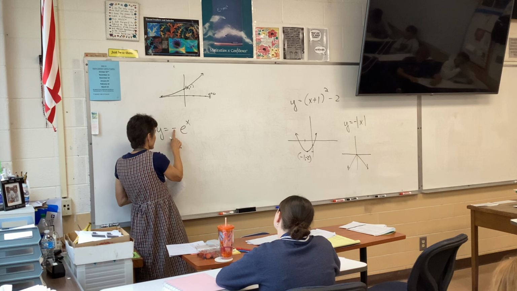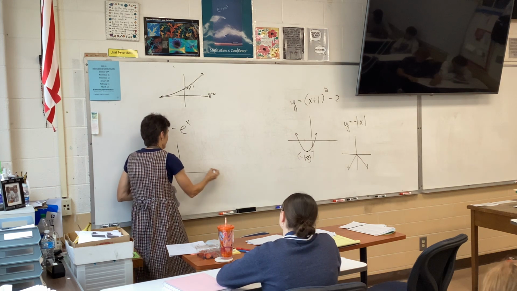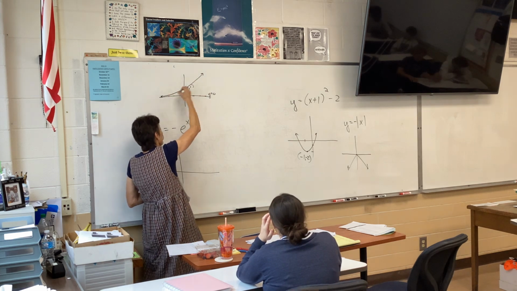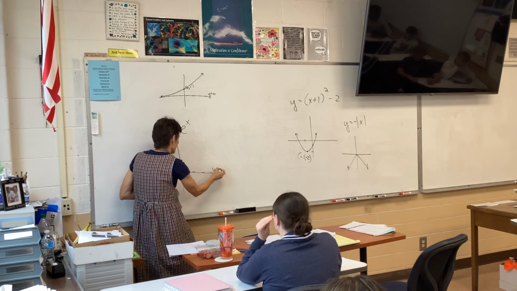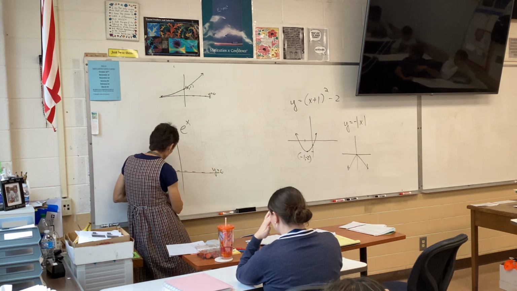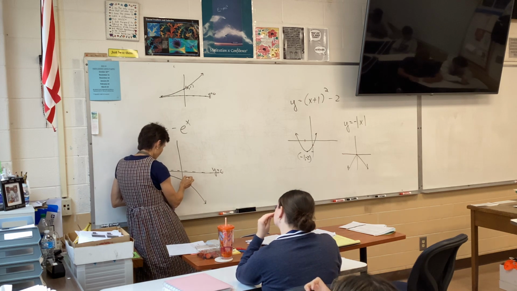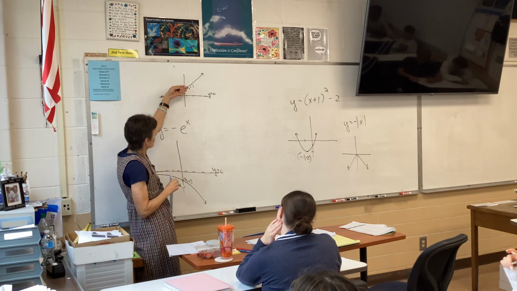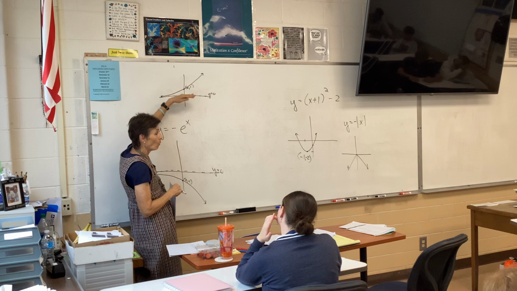What does that do to that curve? Flips it upside down. So instead of going up like that, it's going to go down like this. Does that make sense to you? And this point would be 0, -1. That picture upside down. So just pretend you can fold it right over.